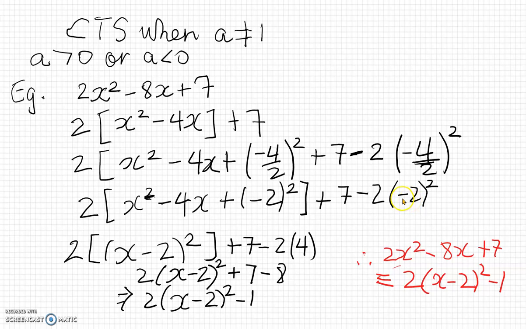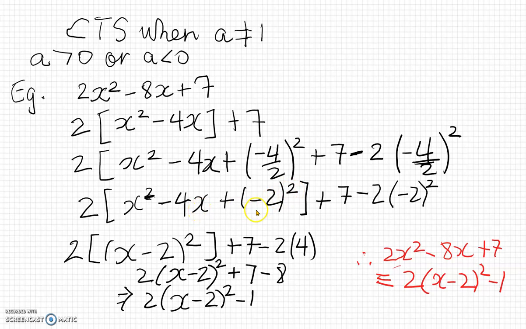Now we're going to simplify this. x squared minus 4x plus minus 2 all to be squared can be factorized and expressed very neatly as x minus 2 all to be squared. If you take x minus 2 all to be squared and expand this, you will get back x squared minus 4x plus 4.